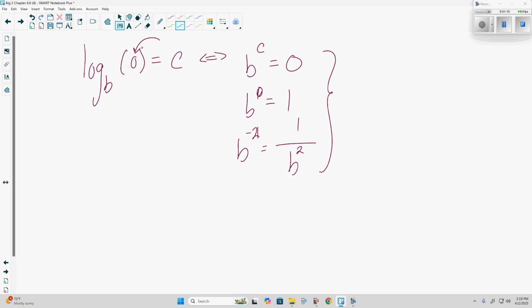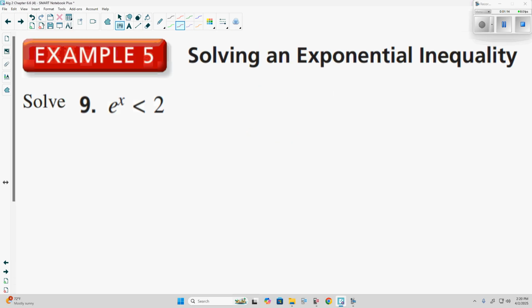If we have a log of a negative number, it doesn't work. So those values of x, when we plugged it back in, if it gave us a negative inside the log, so for this one, if we plugged this one back in, here we'd have the natural log of negative 2.36. I can't have natural log or log of that negative, so it doesn't work.